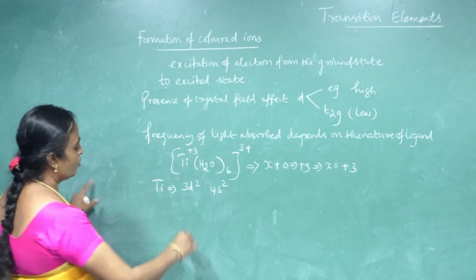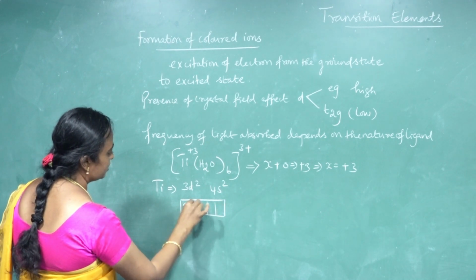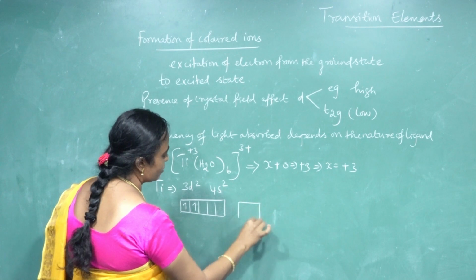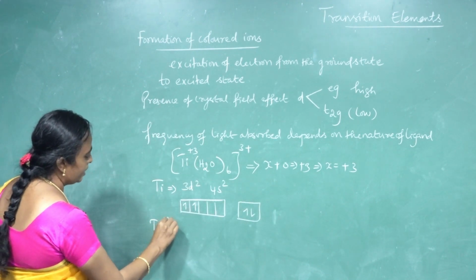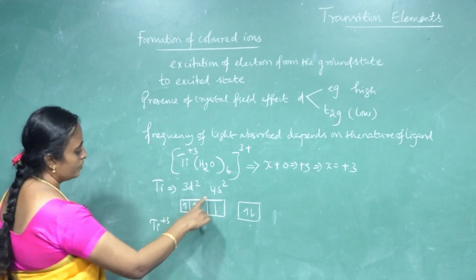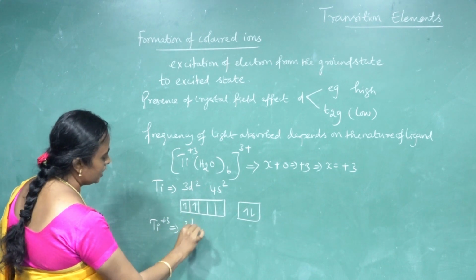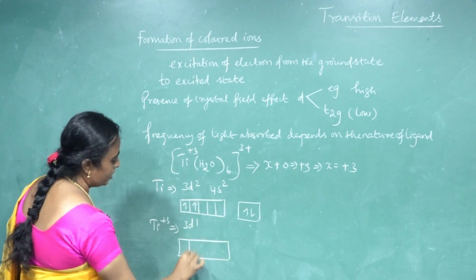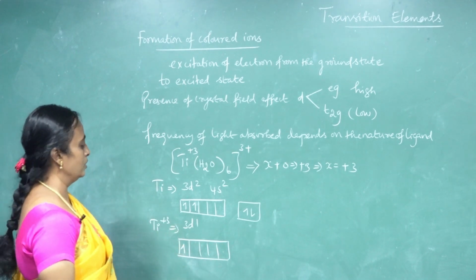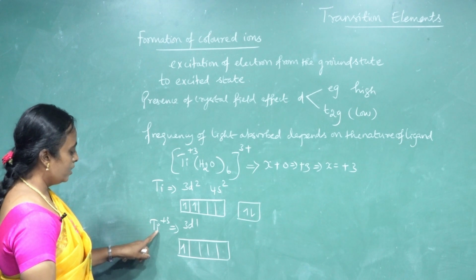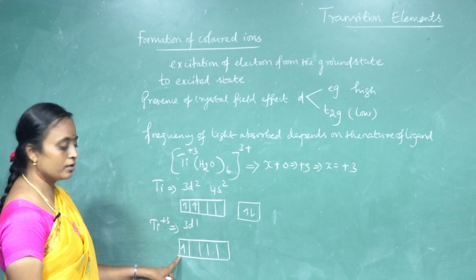For titanium +3, we have to remove 3 electrons, 2 from s and 1 from d. So we get 3d1, the number of d electrons is only 1, and s is completely 0. So titanium +3 has only one single unpaired electron in the d orbital.